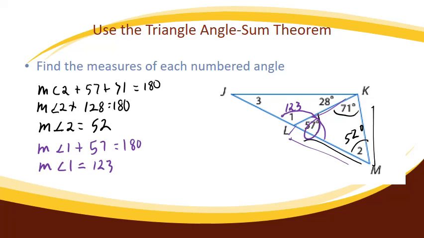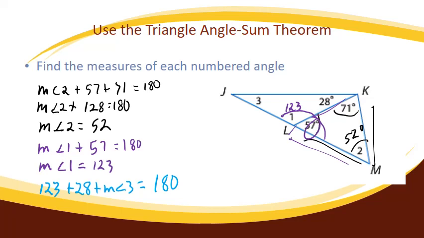If the measure of angle 1 is 123, and the measure of angle LKJ, or we could call it JKL, is 28, and then plus the measure of angle 3, according to the triangle angle sum theorem, that's got to equal 180. 123 and 28, what is that?